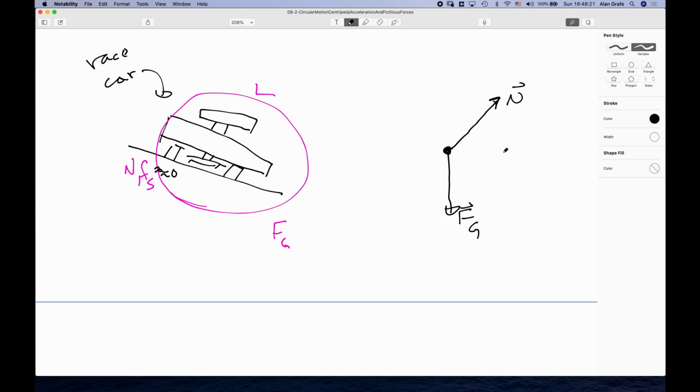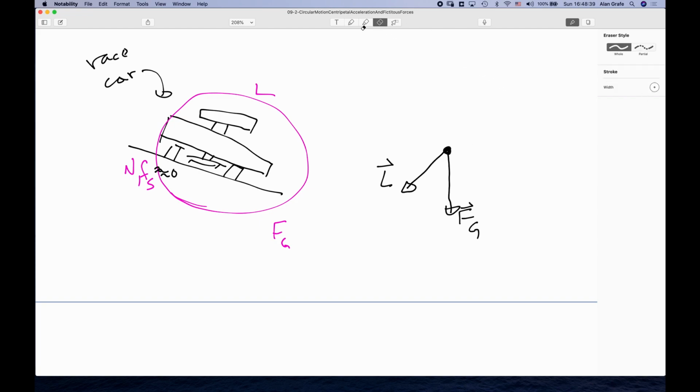Well, what if you want to go around quicker? What you do is you bolt airplane wings onto the car, basically, but you point them upside down. By pointing them upside down, you'll get a force of lift pushing it into the road, which then forces the normal force to become even bigger, which means you'll have an even bigger horizontal component of force, which means you can go around the curve even faster.